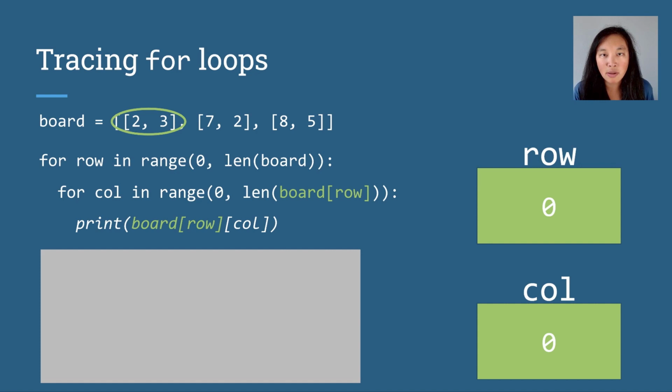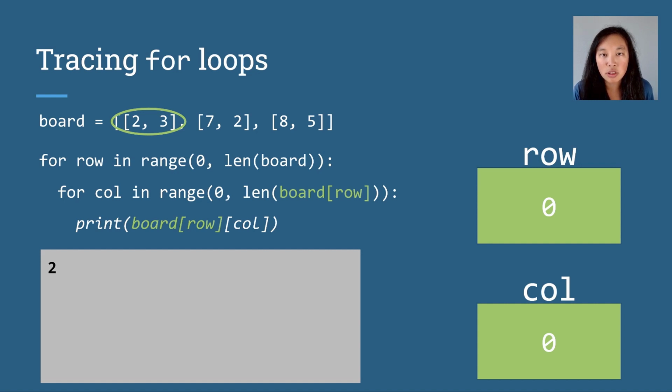So the item at index 0 in board is this list 2, 3 circled in green. So from there, we need to get the 0th item, which is the value of col, so that it can print it out. So what is the 0th item in this list? It's going to be 2, so 2 gets printed out.